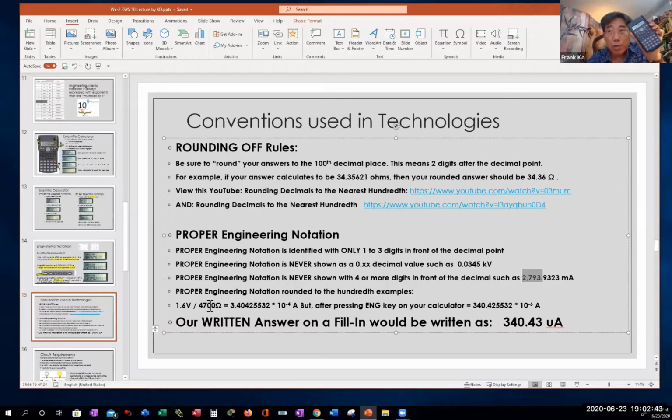When you hit equals, your display of the calculator is set up for scientific notation. You should see this, 3.40425532 times 10 to the negative 4. And you write down amps because that's the unit of current.